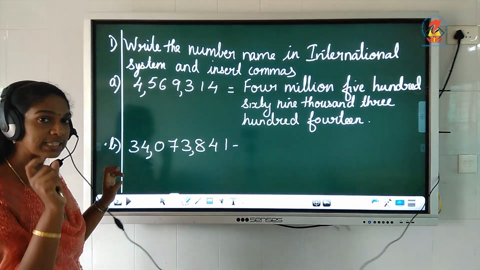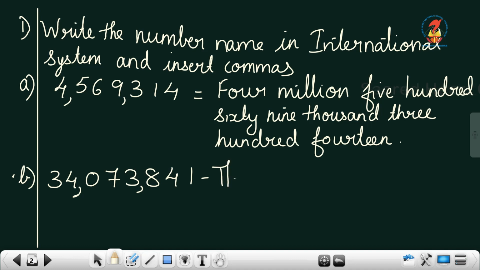What is the number? 34. So, you will write 34 million. Okay, 34 million. Next, thousands period. Again, 3 numbers, but first number is 0. So, we don't consider that. You take 7 and 3. What is the number? 73.